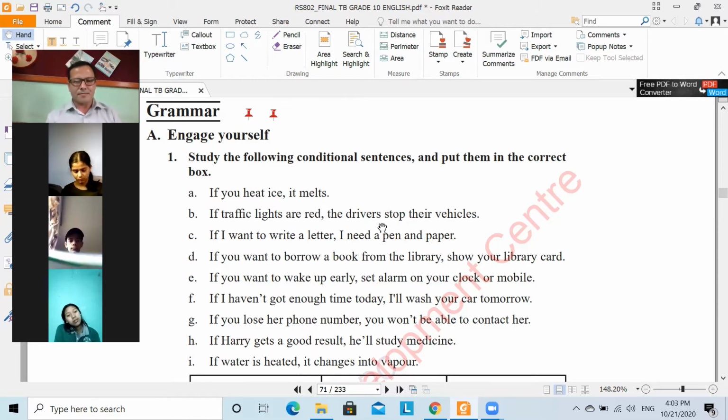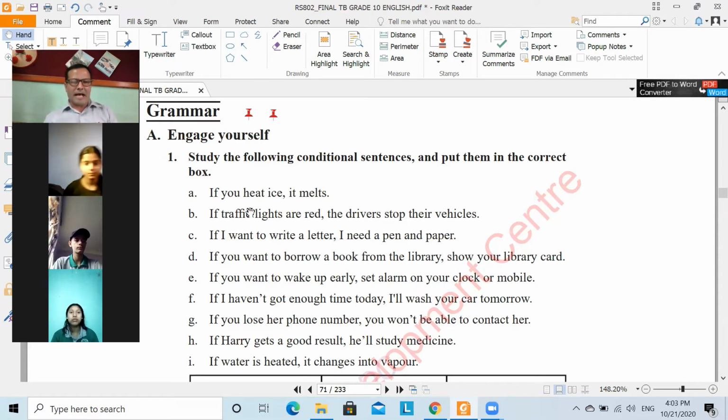If possible, today we will try to cover all the types of conditional sentences. If not, we will finish conditional sentences type 0 and type 1. So let me read these sentences.